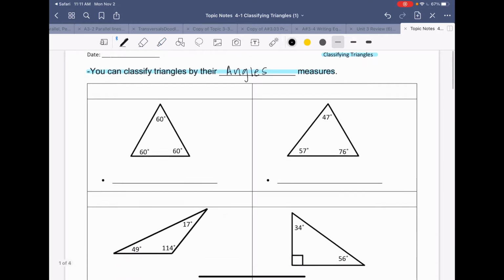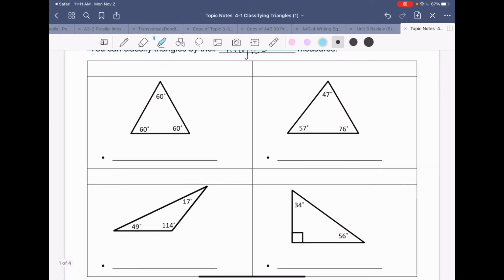So the first one we're going to talk about, notice how all of the angles are congruent. So all of the angles being congruent, this is an equiangular triangle. Okay, an equiangular.